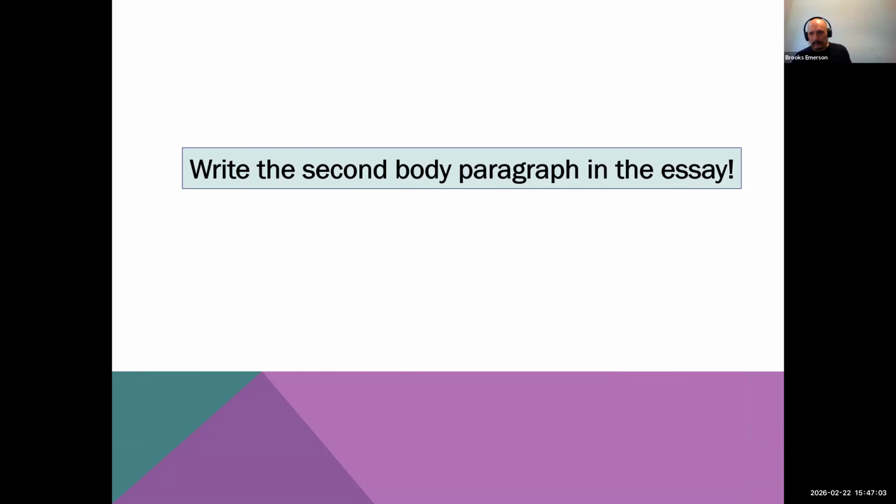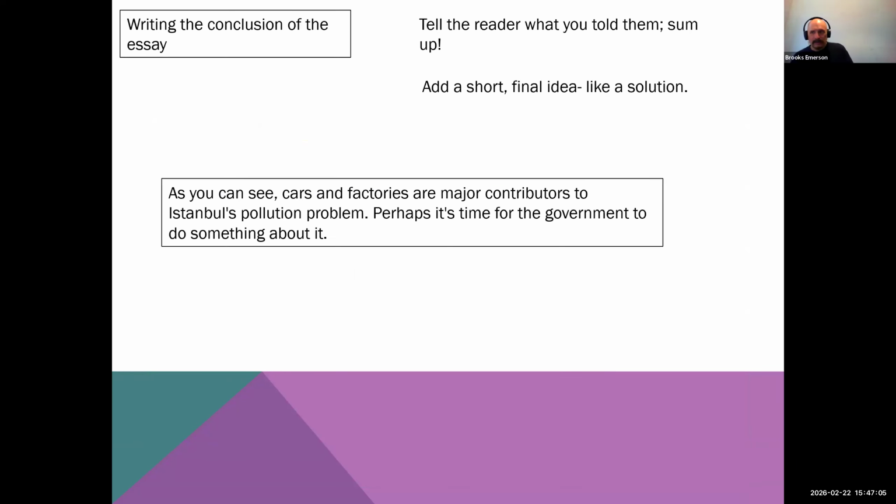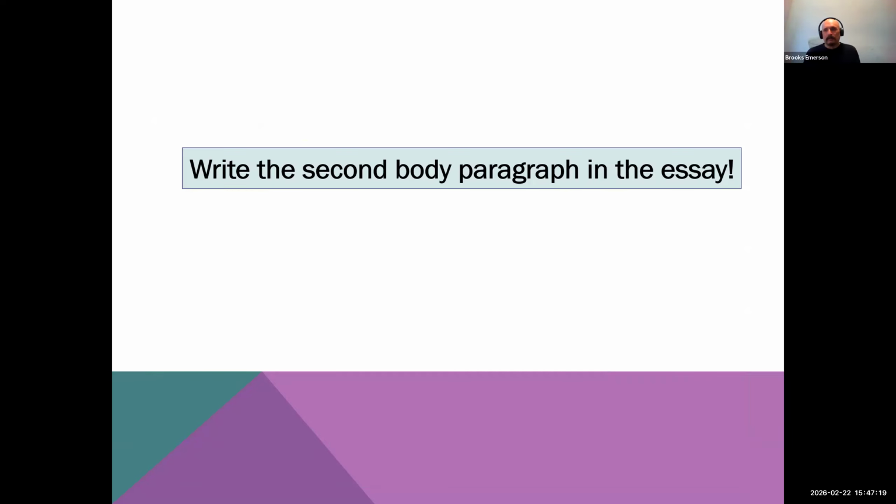So the second body paragraph is going to be like the first one that we did. As you can see, oh, this is the conclusion. Okay. So write the second body paragraph in the essay. So what you do is what I said before. You brainstorm how do factories cause pollution in Istanbul? And what kind of pollution do they cause?